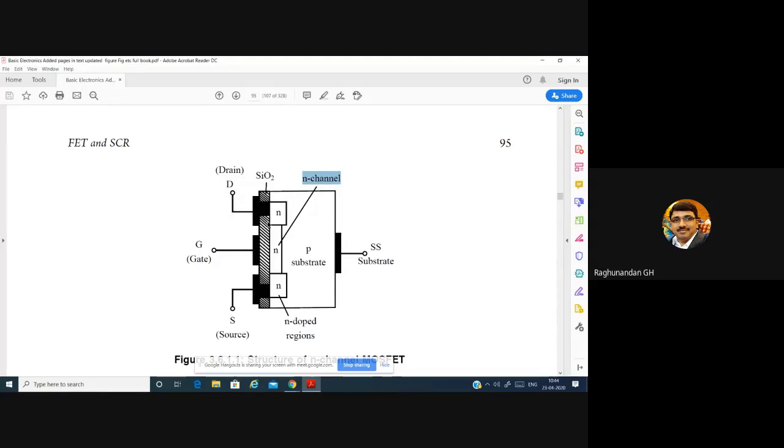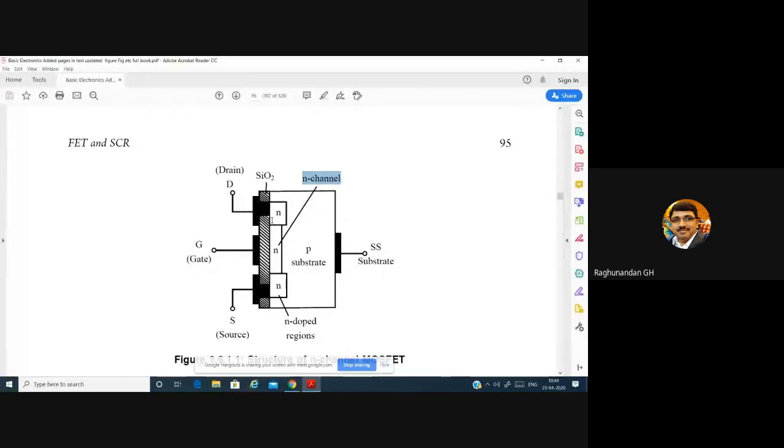After that, we are having an SiO2 layer, and we have the metallic contacts, one in direct connection with the source, and one more metallic contact in direct contact with the N layer. And after that, we are having the gate layer. The gate layer is not having any contact with this channel. So that's why it is separate.